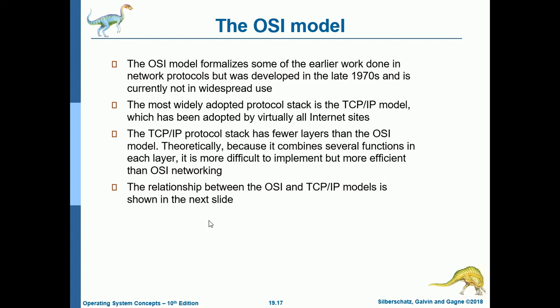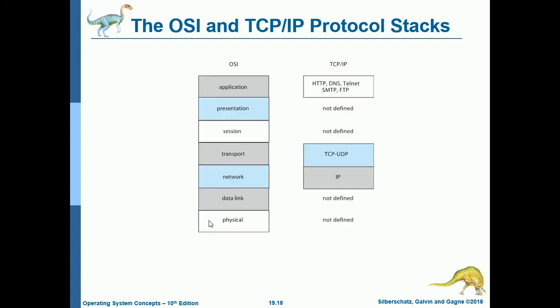And then the relationship between the OSI and TCP/IP models is shown in the next slide, as we can see. For TCP/IP, it is only composed of 3 layers. Then for OSI, we have 1, 2, 3, 4, 5, 6, 7.